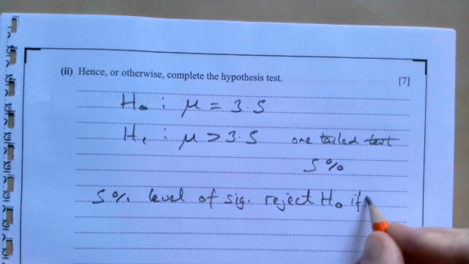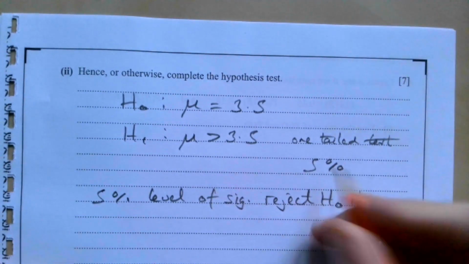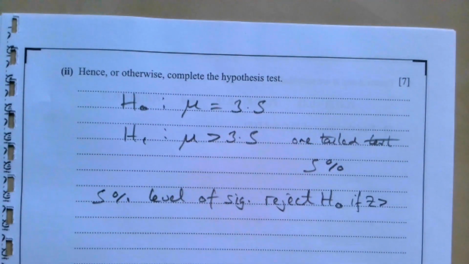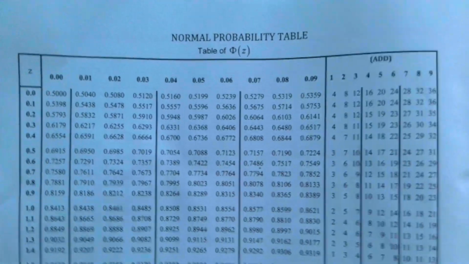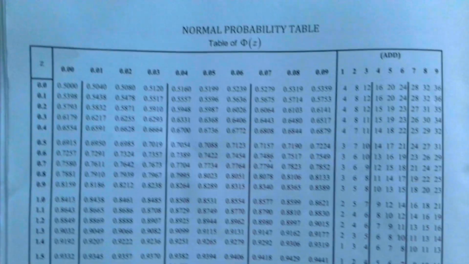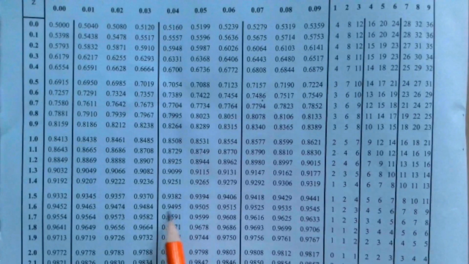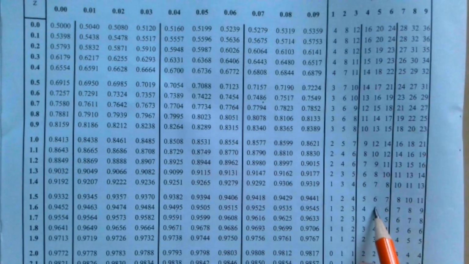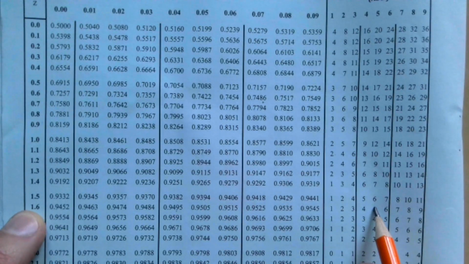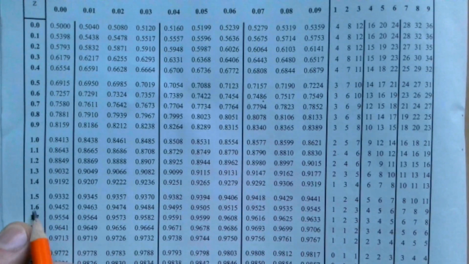If Z is greater than, and at the 5% level, again you can use these tables if you want. Some people are well used to them anyway. So it's not 0.95, we want to add 5 to this, so it's 1.6. Hopefully you can see where I'm getting this from.